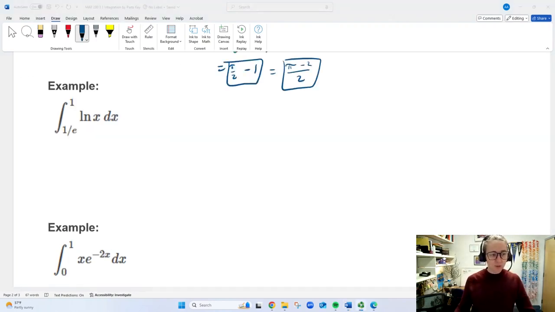Okay, y'all, we got 2 more examples here. And I know this feels really tricky because there's just an ln of x right here, but we technically do not know what the antiderivative of ln of x is.